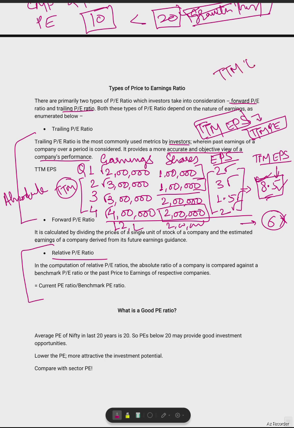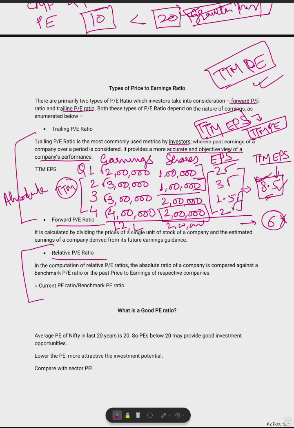So this TTM PE ratio is the most important ratio when it comes to the fundamental analysis of a particular stock. You will see it on so many portals and websites that this ratio is discussed while analyzing a particular stock.